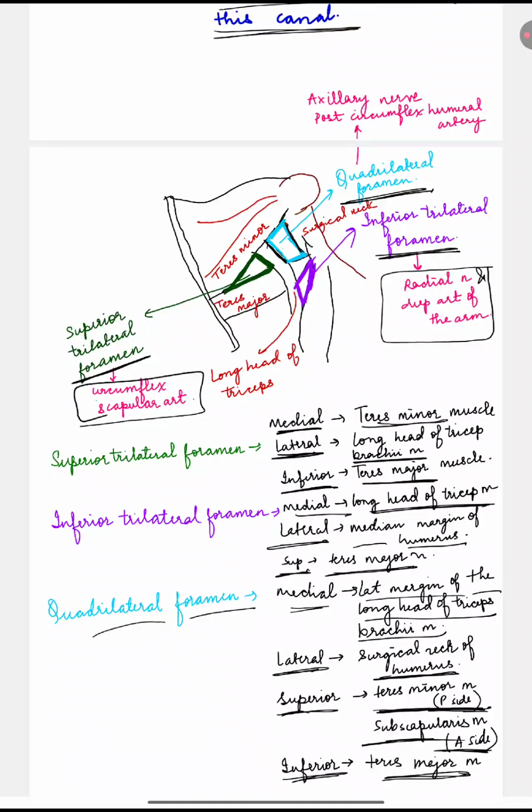And quadrilateral foramen, the content is axillary nerve and posterior circumflex humeral artery. To repeat: superior trilateral, circumflex scapular artery; quadrilateral, axillary nerve and posterior circumflex humeral artery; inferior trilateral, radial nerve and deep artery of the arm.